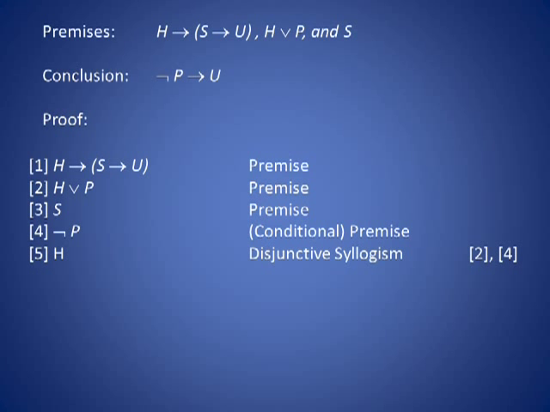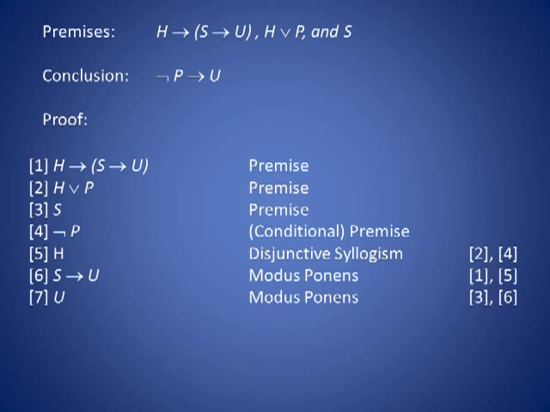From the statement on line 2, together with this new line 4, and using the disjunctive syllogism rule, we obtain H on line 5. Having obtained H and using line 1, we obtain S implies U using modus ponens. Finally, from lines 3 and 6, once again using modus ponens, we have the conclusion U.